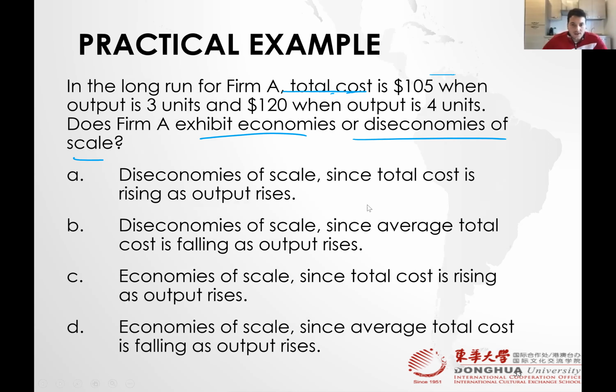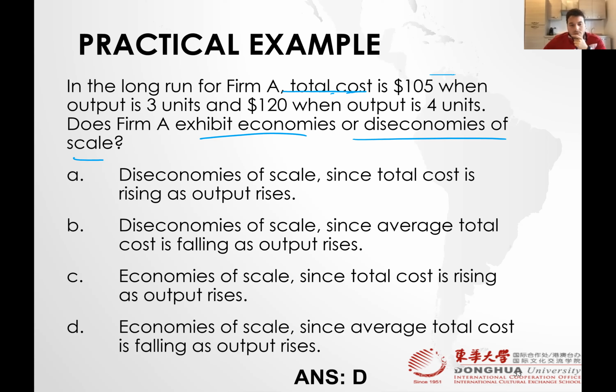Output rises, so this, and the average total cost. Total cost. Let's talk about this. Okay. The answer would be D, not C. How? First of all, let's talk about the average total cost.